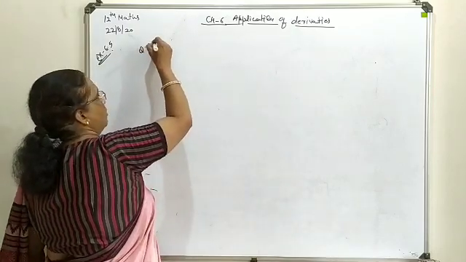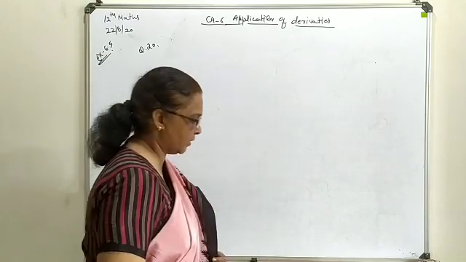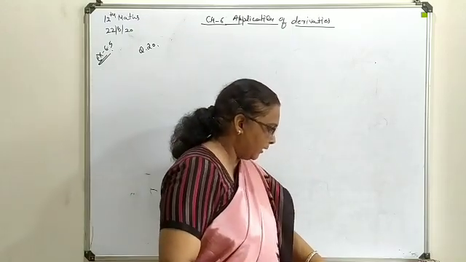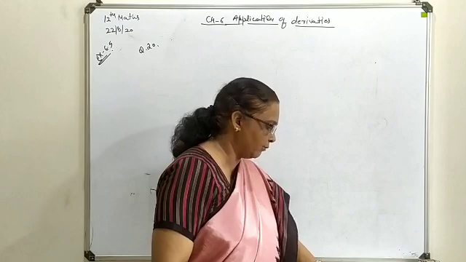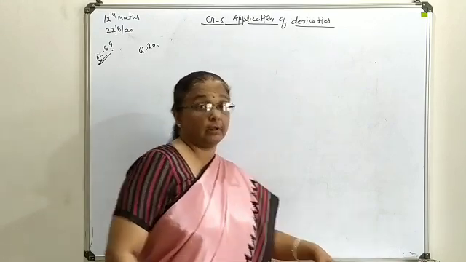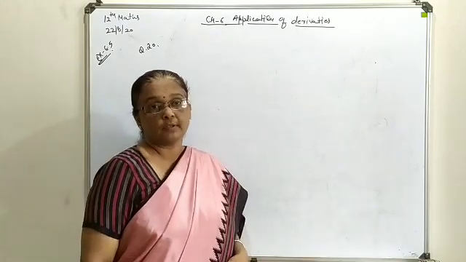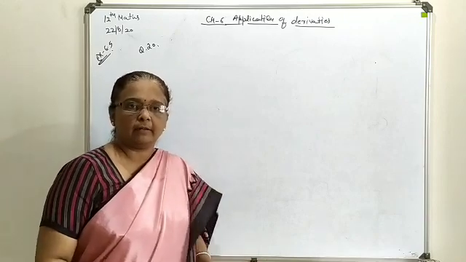Now in the 20th question, first: show that the right circular cylinder of a given surface area. First of all, the language of such questions has an important role in reaching the solution.